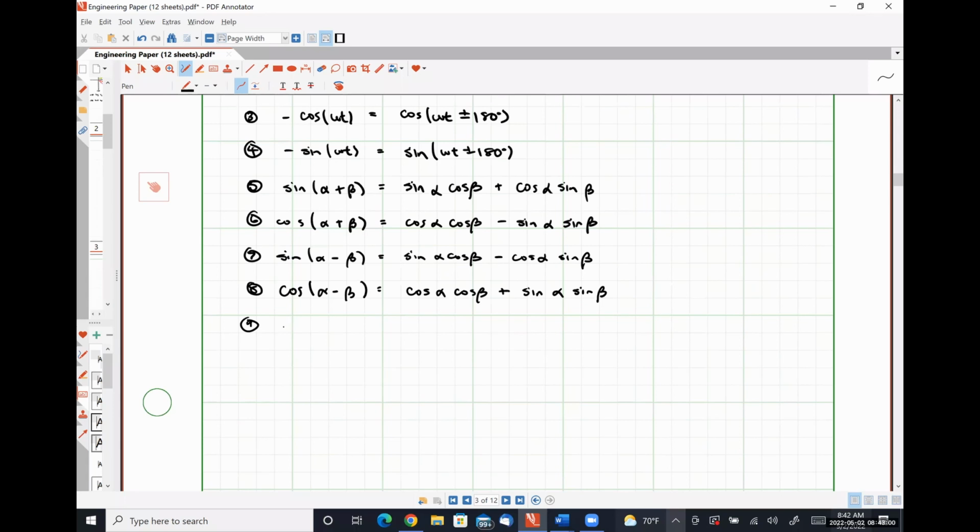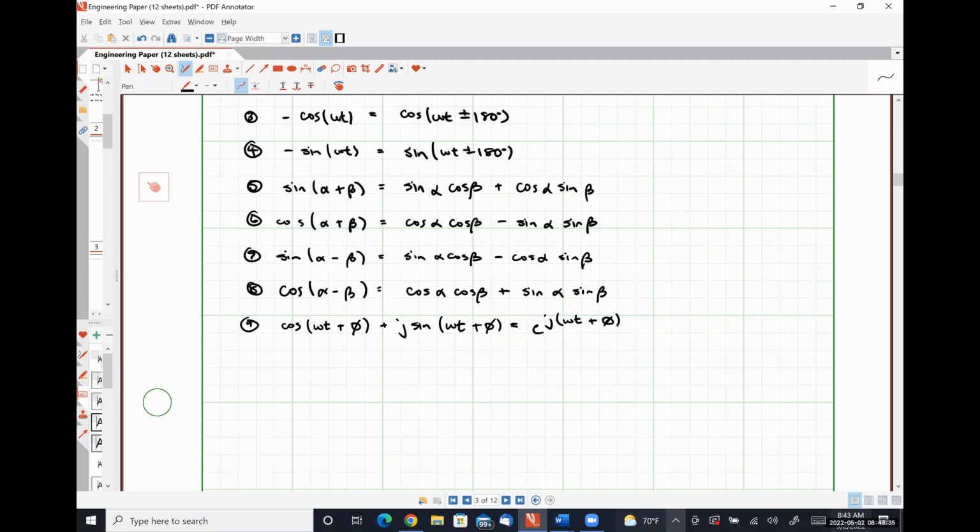And it says that cosine of omega t plus some phase angle phi plus j sine of omega t plus some phase angle phi is equal to e to the j times omega t plus some phase angle.